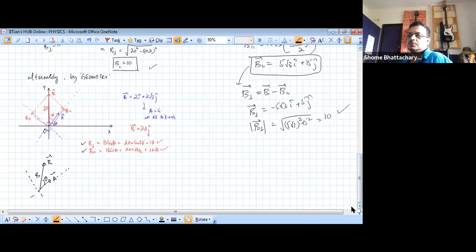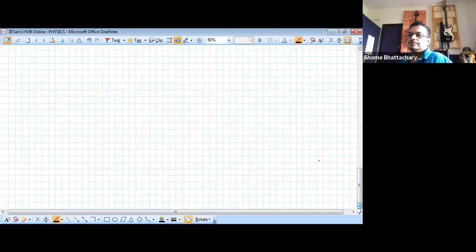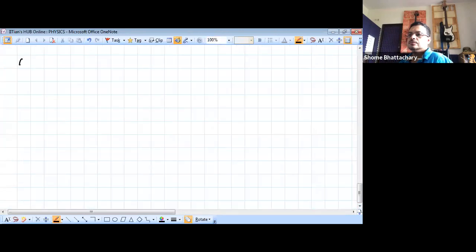Okay, so that was question number 3. Now let's come to question 4. A number of people have asked question 4. It says that you have a unit vector in the xy plane. n cap is a unit vector. Cap is always used for a unit vector only, but in this case it's specific.